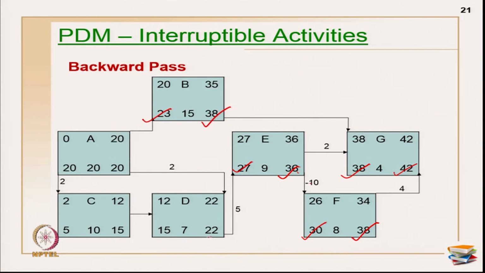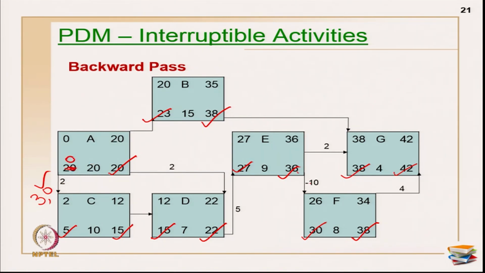Now 27 minus 5 is 22, 22 minus 2 is 20, 22 minus 7 is 15, this is 15 because I have a finish to start, 15 minus 10 is 5. Now 5 minus 2 is 3, 20 minus 20 is 0, the minimum is 0. So this becomes 0.